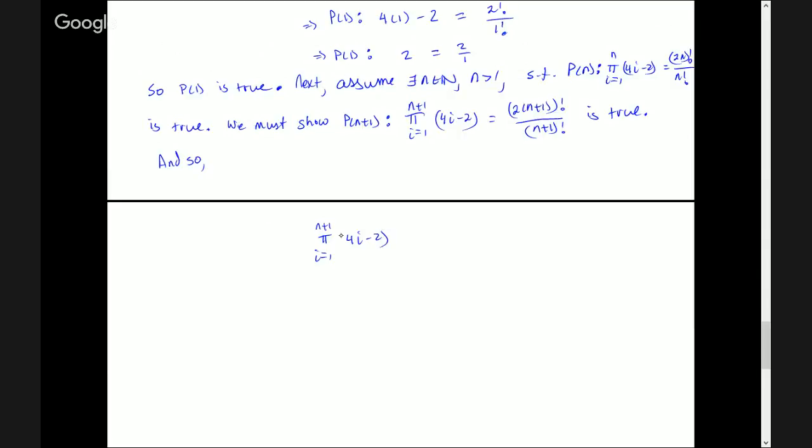If I write this out, this is going to be 4 times 1 minus 2 times 4 times 2 minus 2, all the way out to 4 times n minus 2 times 4 times n plus 1 minus 2. You always include where the previous one would have ended for your assumption step. So all of these right here then become, and I'm going to write it this way so that you can see the assumption step.